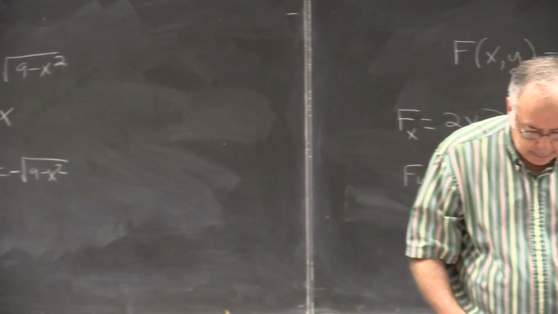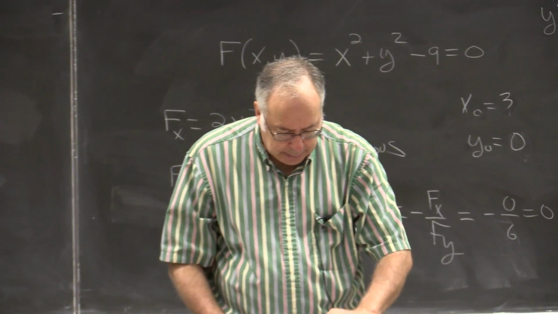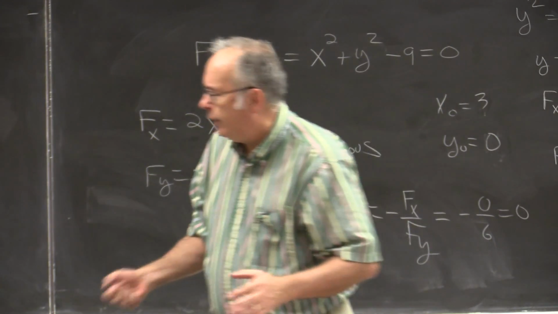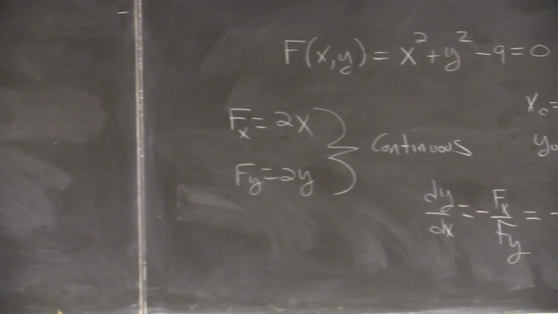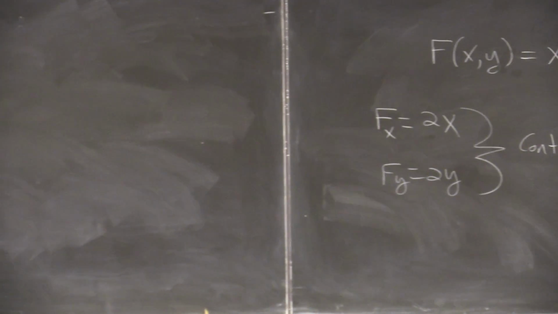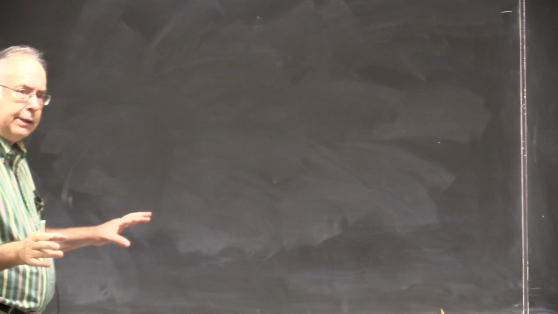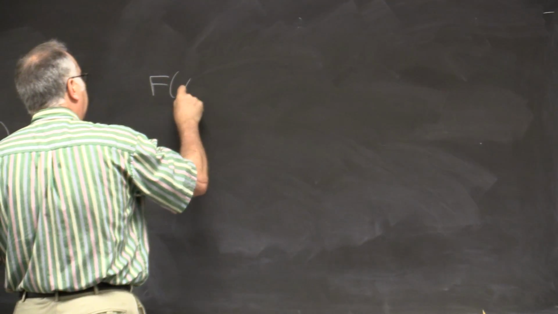Let me give you another example, and let me also motivate this in a simpler way. When I first solved this, the way I learned it was slightly different. Suppose we have this equation right here.